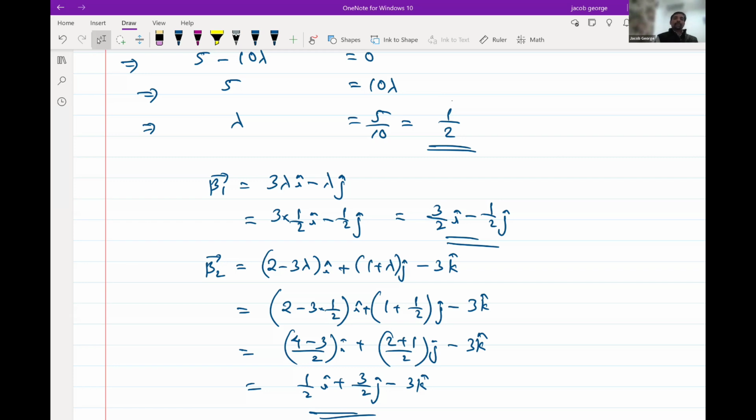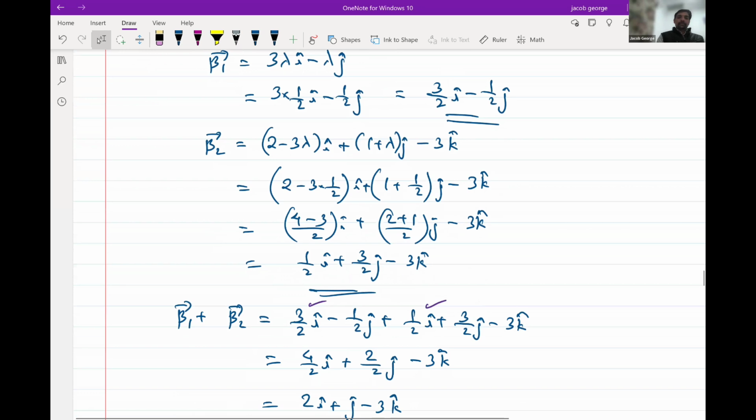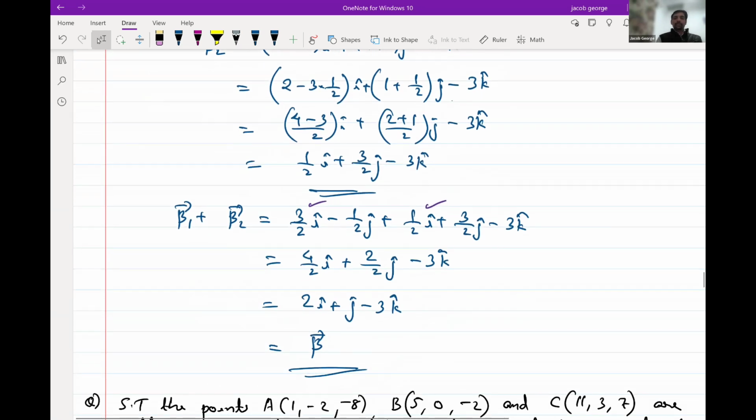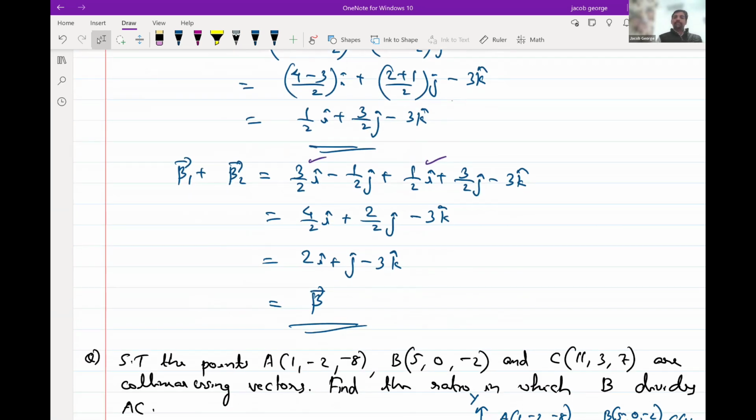So we got beta 1 vector and beta 2 vector. Okay. So after finishing this one, beta 1 plus beta 2, when you add, we get beta vector. Yes.